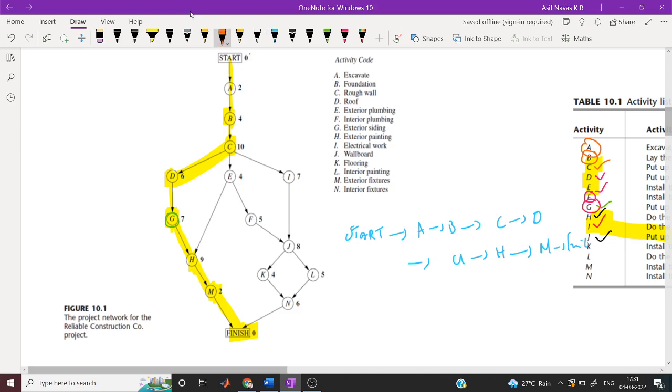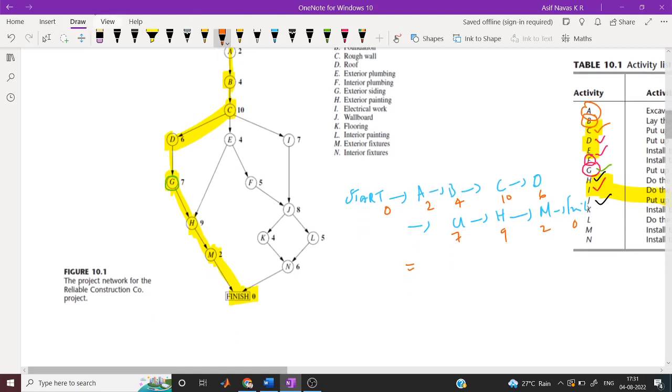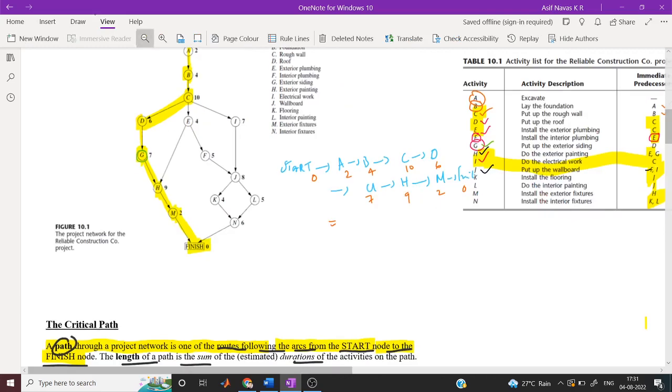And we can write the required time. For start, this is 0. For A, 2 weeks, B, 4 weeks, C, 10 weeks, D, 6 weeks, G, 7 weeks, H, 9 weeks, M, 2 weeks, and finish 0. So if you add all those things, we will check if there is any path like that.